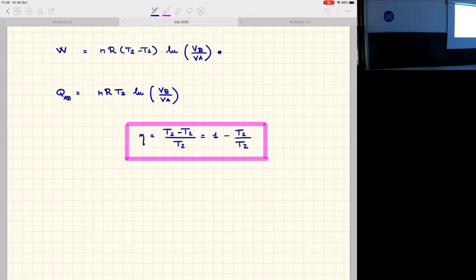Now, another important statement is the following. Yes? Should the efficiency always be inferior to 1? Yeah, unfortunately. Why? Because life is bad and terrible.